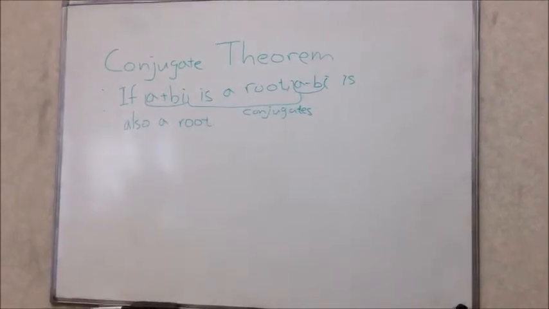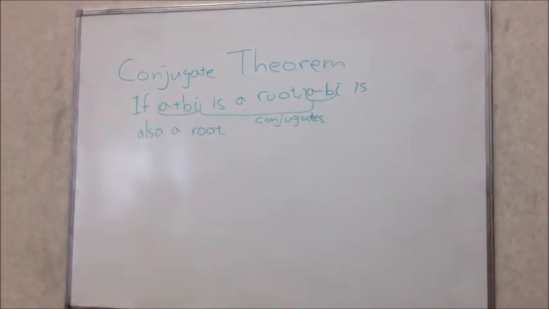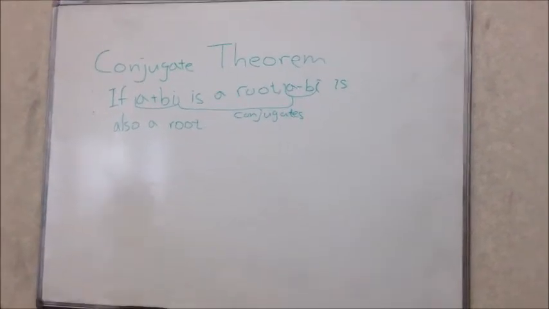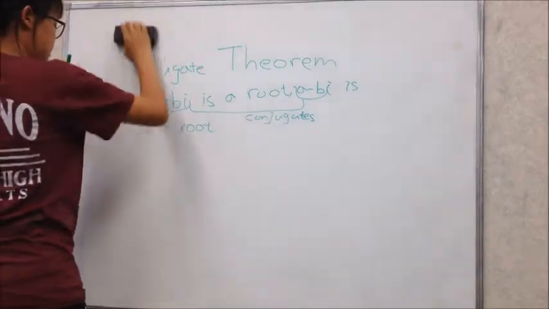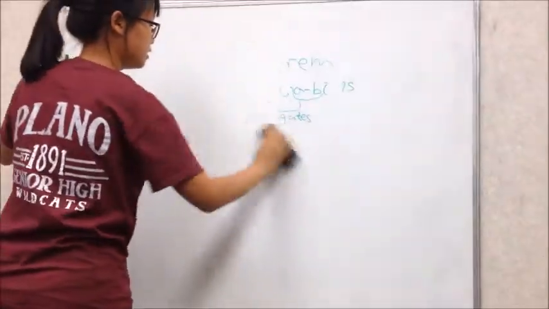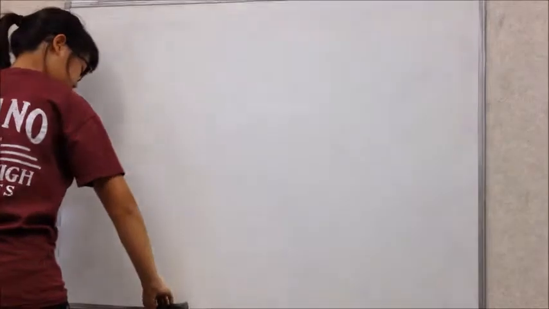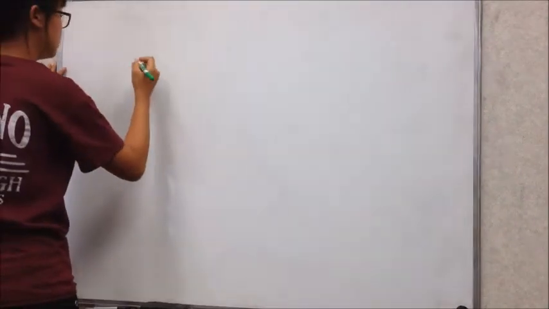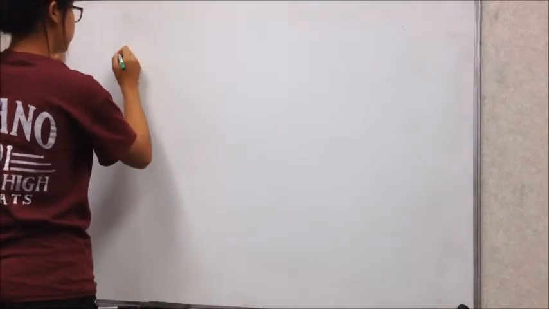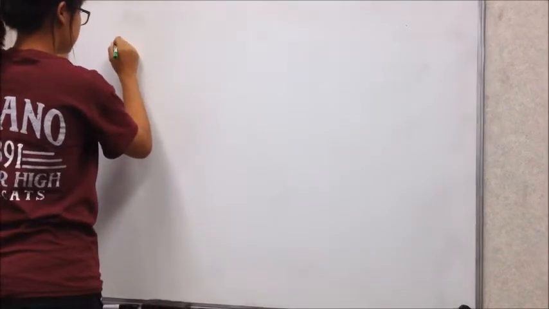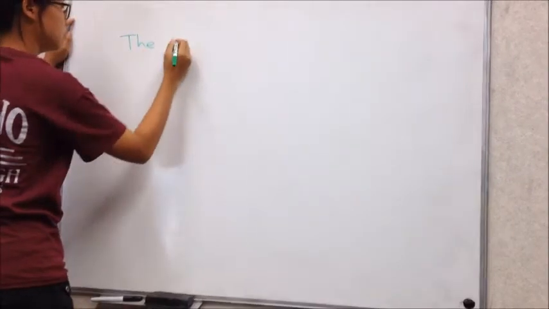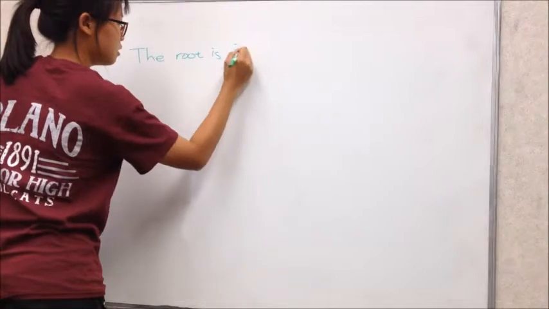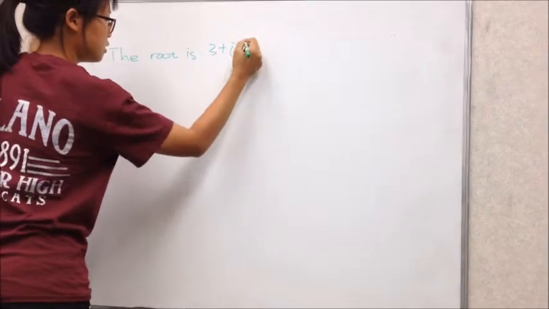The conjugate theorem is that if a plus bi is a root, a minus bi is also a root. Let's look at these examples. The first question is, if one of the roots is 3 plus i, what is the other root?